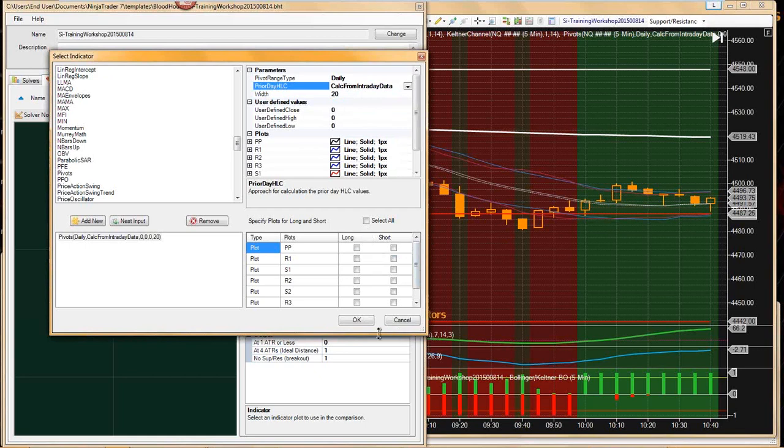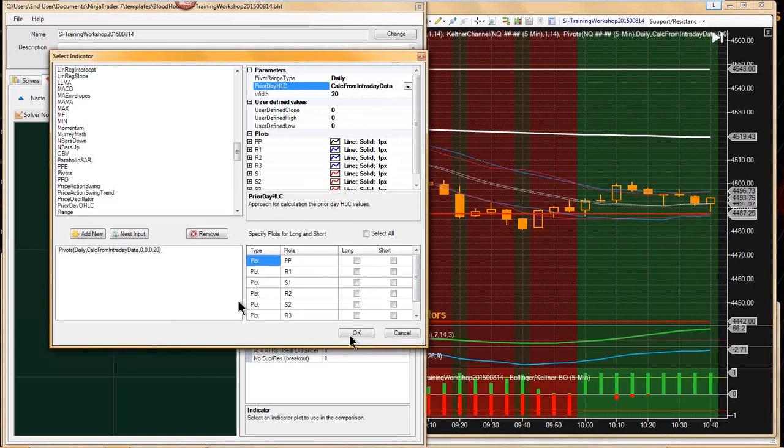Here's one of the things that's unique about the support resistance solver: it has this check all option. The support resistance solver has the ability to analyze multiple plot lines. That's why I'm using the pivots indicator, because it has 7 different support resistance lines. If you want, we could just analyze a couple of them.